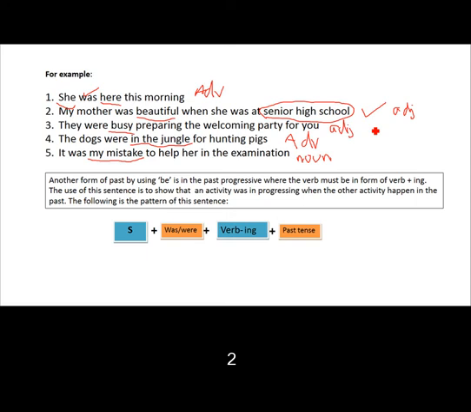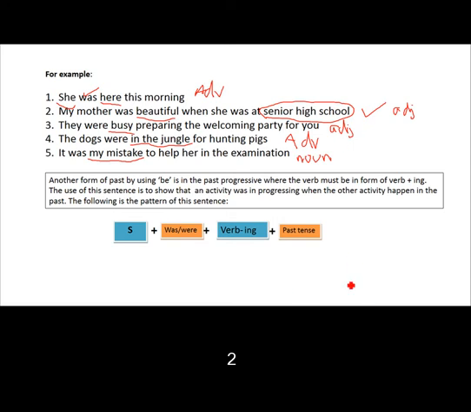The dogs were in the jungle for hunting pigs, meaning that they are now not in the jungle anymore because the hunting is already finished. If the hunting has finished already, then the dogs were back home or probably back to the owner, and the dogs were not in the jungle anymore. It was my mistake to help her in the examination. Now I'm not helping her anymore. I helped her before in the examination.